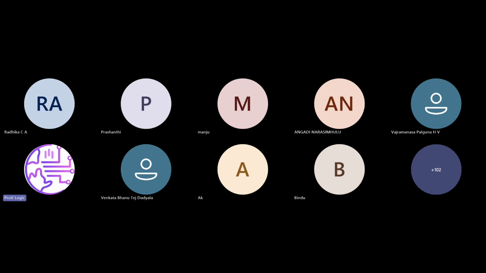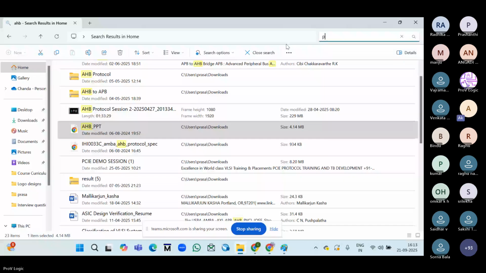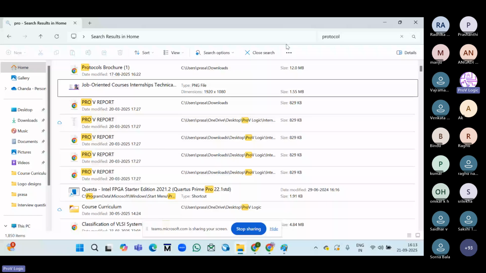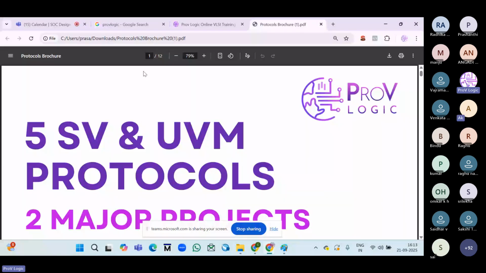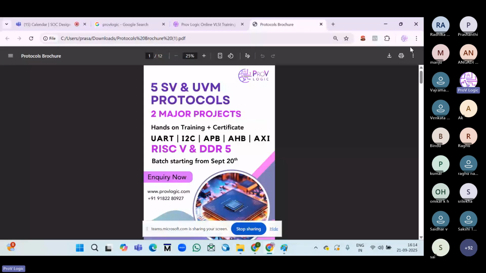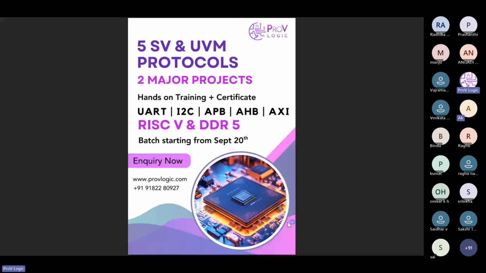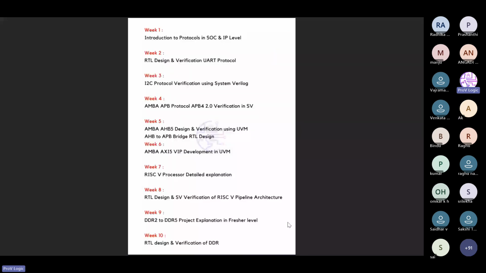Just a second. Is the screen visible? Now it's visible. This is the curriculum we have planned for 10 weeks. If we can't complete in 10 weeks, we can extend by 1 or 2 weeks, but we will complete whatever we have given here. This is the entire structure: week 1, week 2, up to 10 weeks.